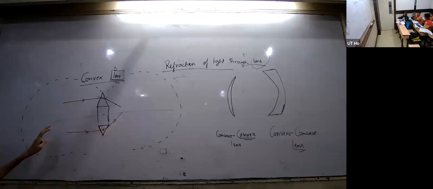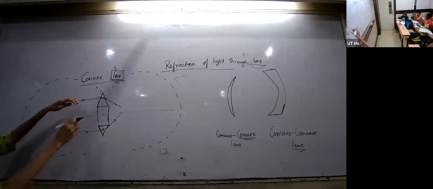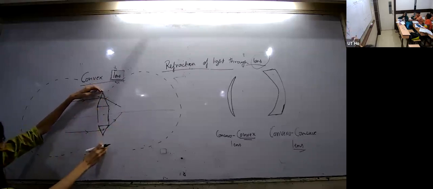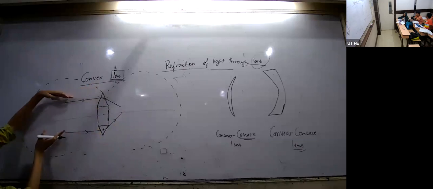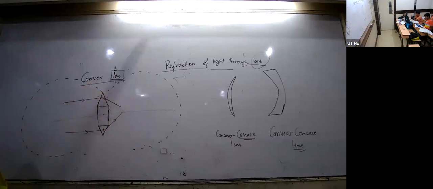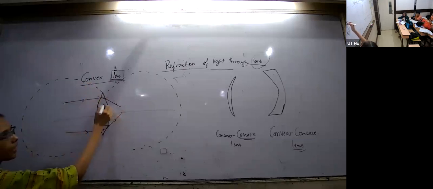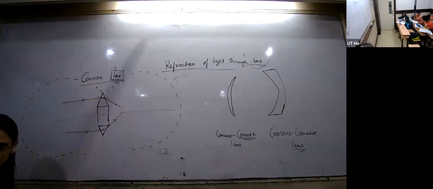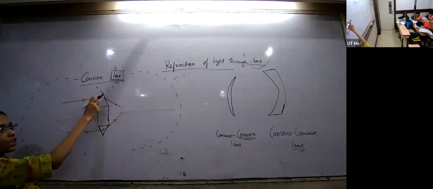What we see over here is that this convex lens is trying to converge the parallel rays which were hitting it. You can clearly see the rays converging. This is the detailed refraction that you are showing, refraction at these two points.